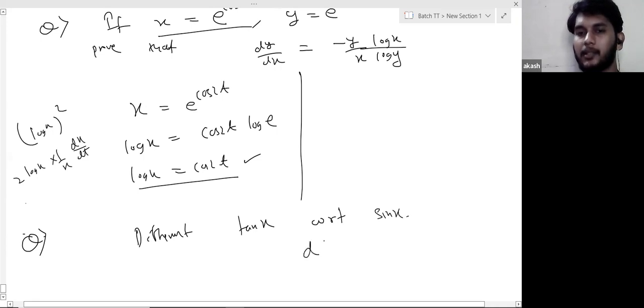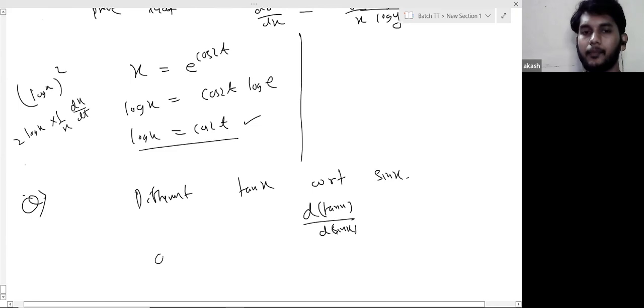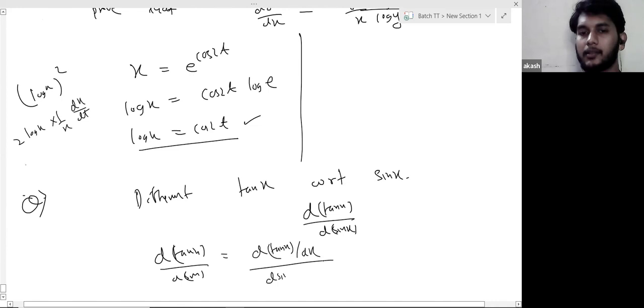That means they are asking differentiation of tan x with respect to sin x. How to do this? Very simple. Again, same way we can write this as differentiation of tan x with respect to x divided by differentiation of sin x with respect to x. Just find this, divide, you will have your answer.